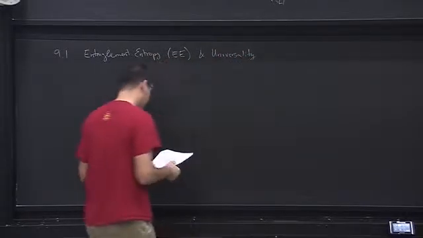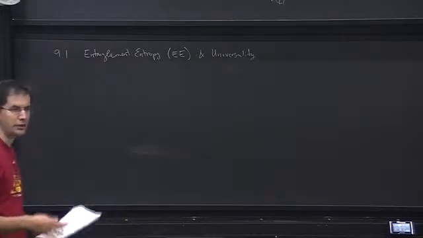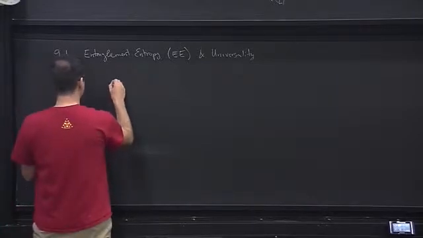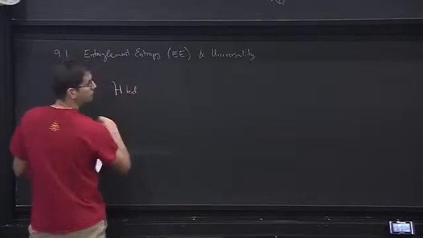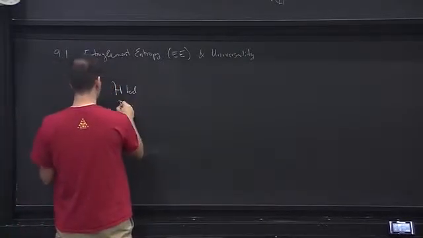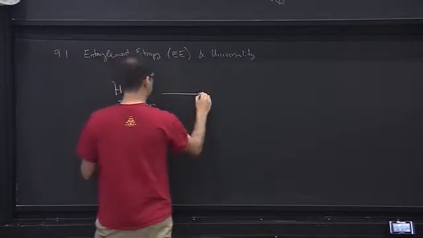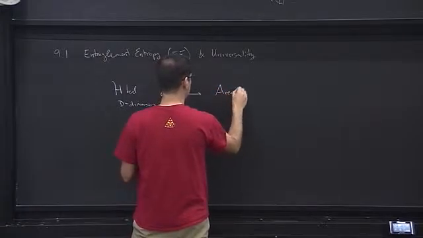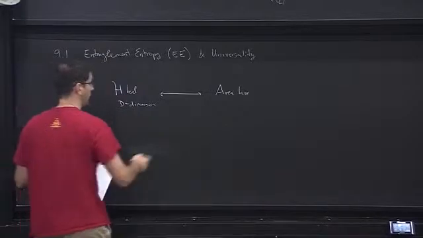Okay, so there are a number of ways in which entanglement entropy is universal, and maybe the more important one is that what we've seen is this: a local Hamiltonian in d dimensions leads to, or is attached to, a ground state that fulfills the area law.